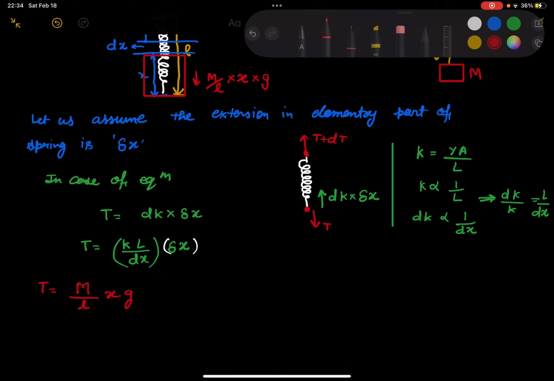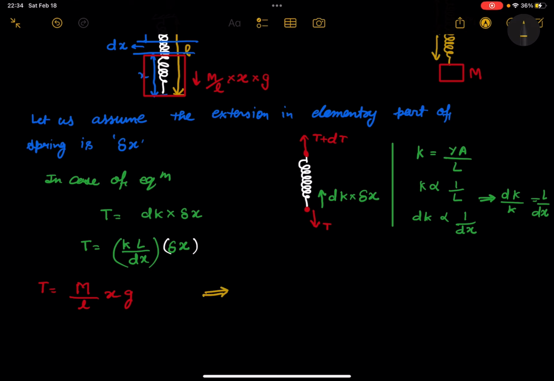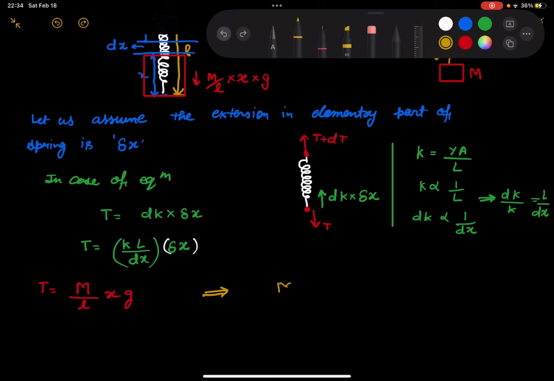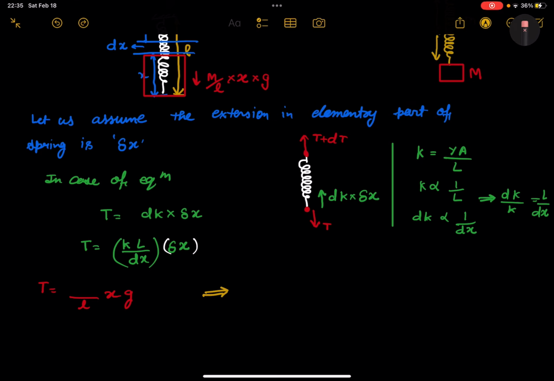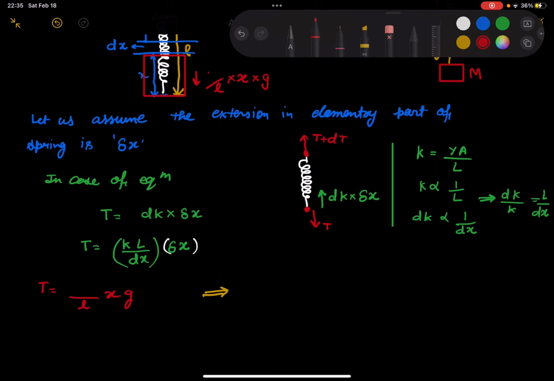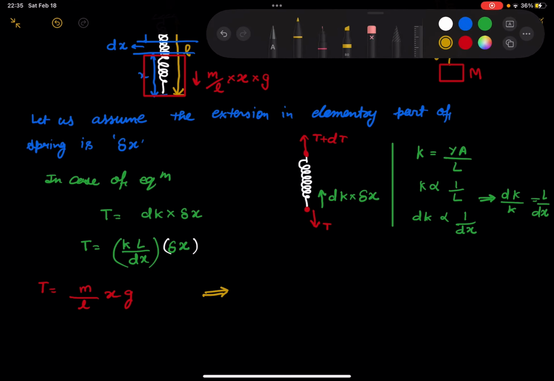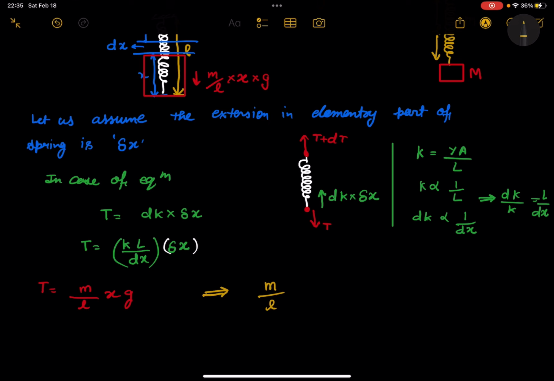Finally, we can equate both equations. I'm extremely sorry, I mentioned that small m is the mass of the spring, so this is small m. So m by L x g is equal to kL by dx into delta x.